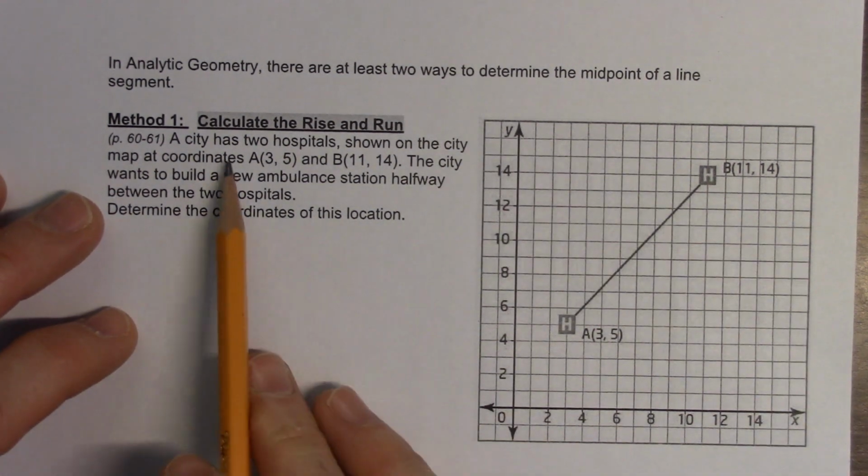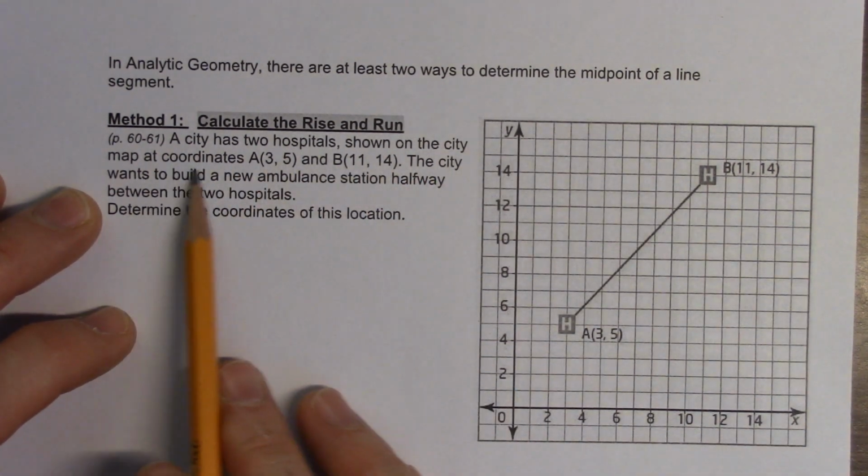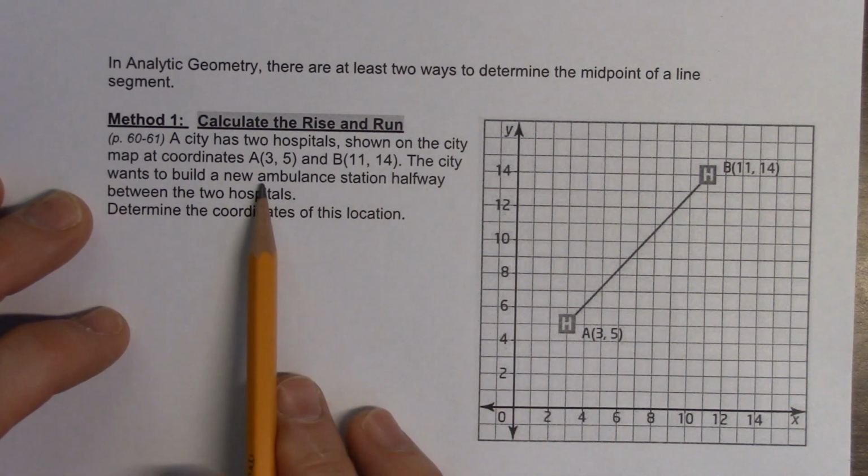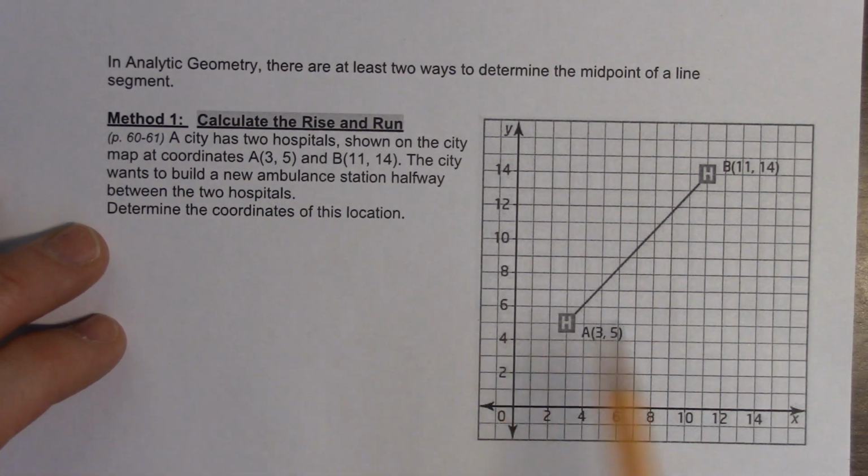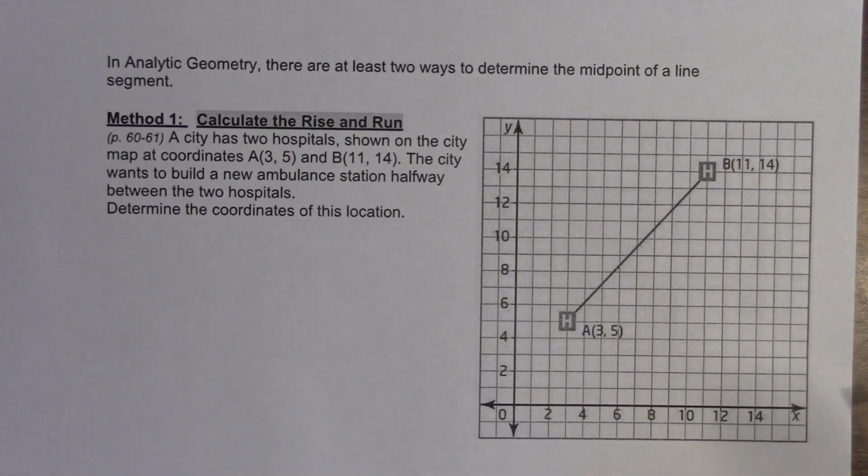So let's do that. So it says the city has 2 hospitals shown on the map of the coordinates, this and this. The city wants to build a new ambulance station halfway between the 2 hospitals. So it wants a midpoint. Determine the coordinates of this location. So basically it's asking us to determine the coordinates of the midpoint of the hospitals. All right, so first we'll find the rise, and then we'll find the run.